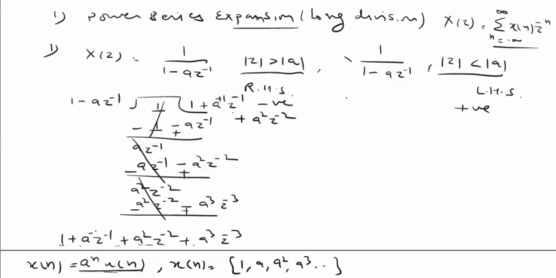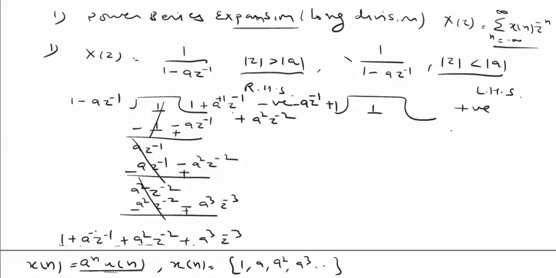Again in the second question we divide for positive power of z. 1 minus a z inverse, with negative sign. Once I divide and cross check, if we are getting a result which contains positive power of z, then it is correct.